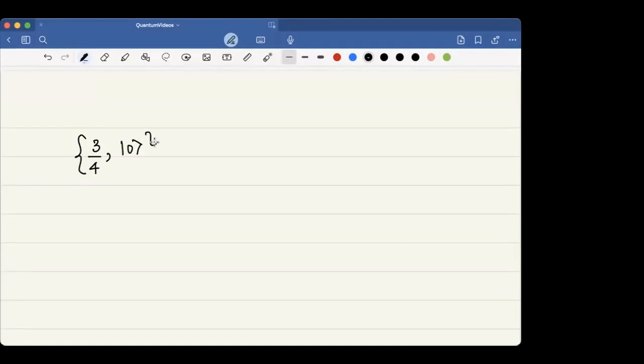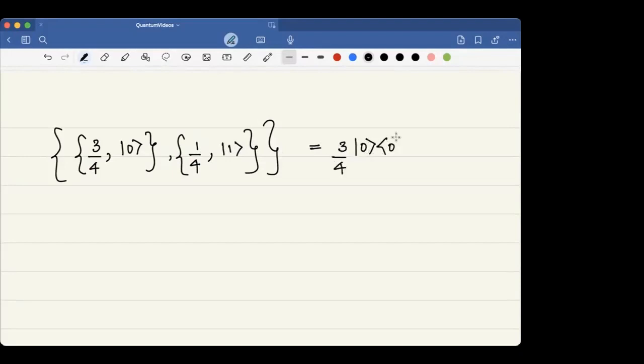So the 0 state is in the mixture with probability 3 over 4, and the 1 state is in the mixture with probability 1 over 4. So this ensemble leads to the density matrix 3 over 4 ket 0 bra 0 plus 1 over 4 ket 1 bra 1.